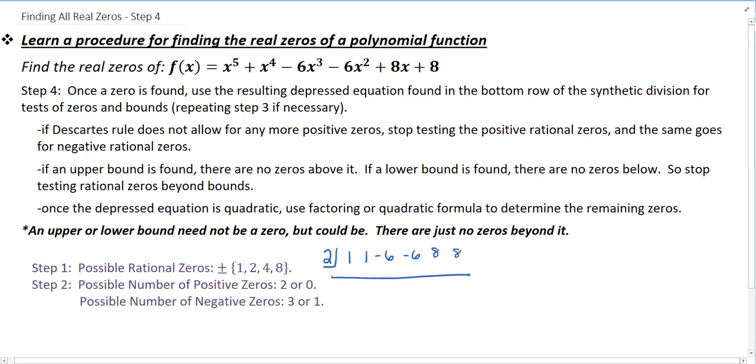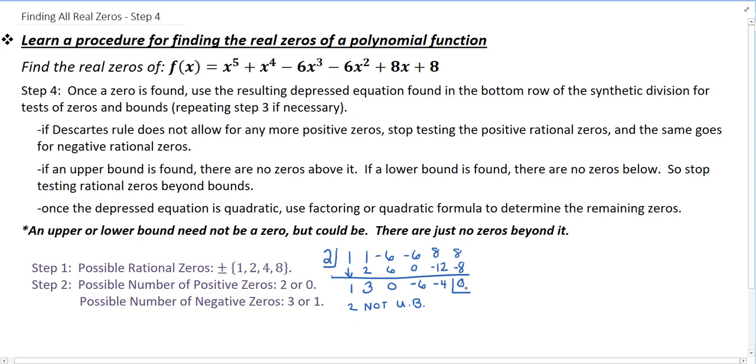So again, we pull down that leading coefficient, multiply by our a, which is 2, and combine, repeating for each coefficient. And we can see that 2 is not an upper bound because our last row here is not all positives and zeros.